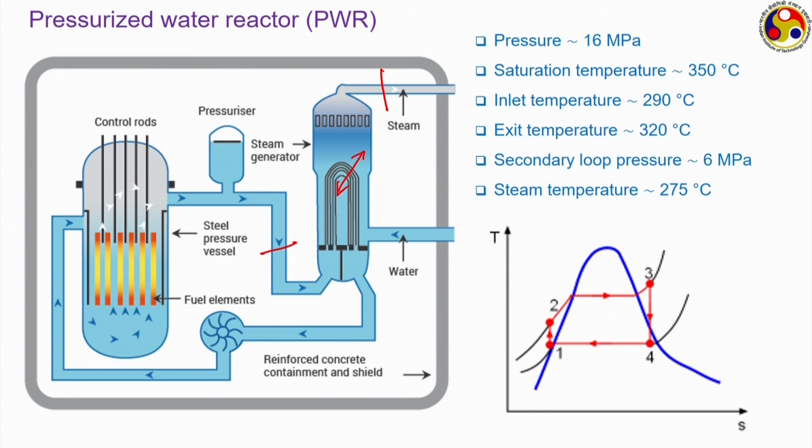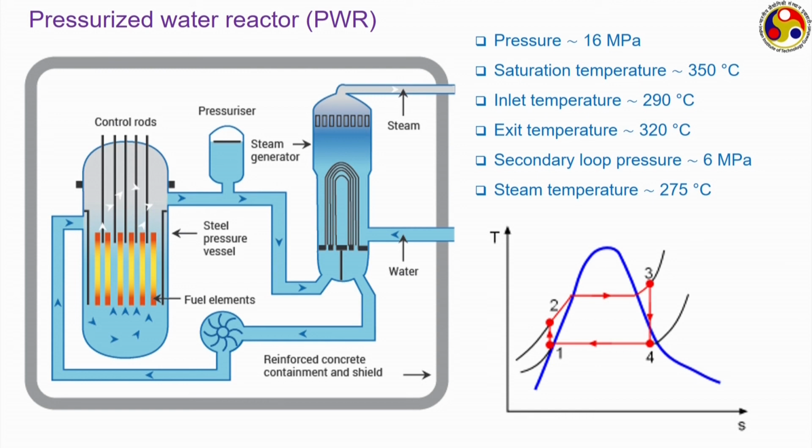This steam is then taken to a Rankine cycle, a conventional Rankine cycle which may also contain reheating or superheating and even regeneration, but that part is external, which is similar to any conventional coal based power stations.